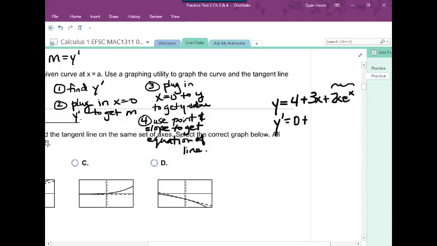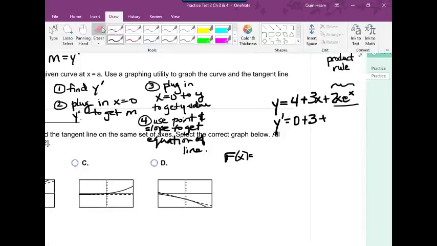Anytime you have a number times just x, that's just the number, the coefficient, which is 3, plus something a little more challenging. We have something with an x times something with an x, which means that for this term we have to use the product rule.